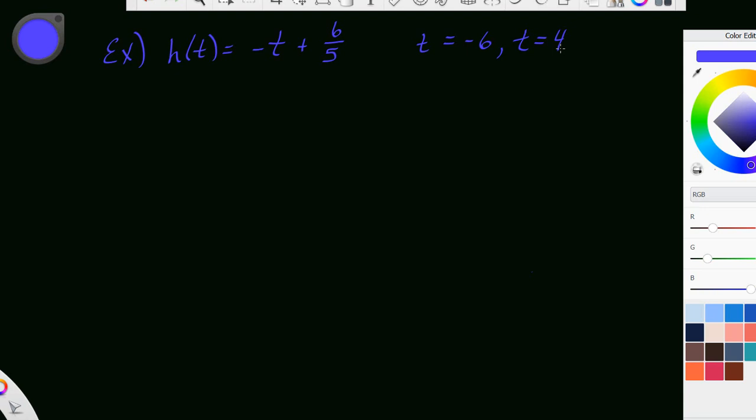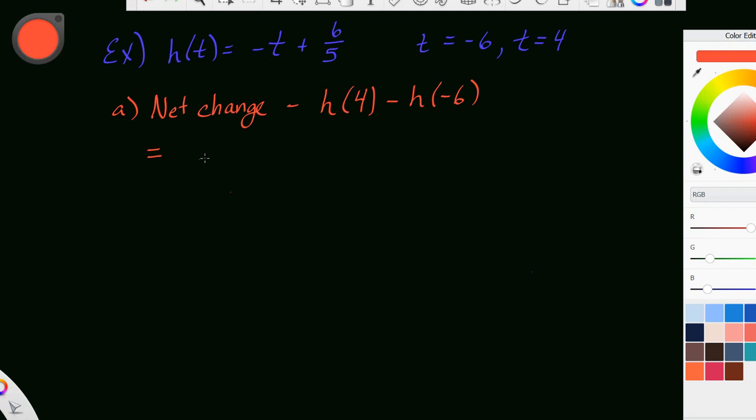Now for this question, before we go ahead and find the average rate of change, let's start by finding the net change. So the net change is going to be h of 4 minus h of negative 6. So it's always going to be the bigger number minus the smaller number.